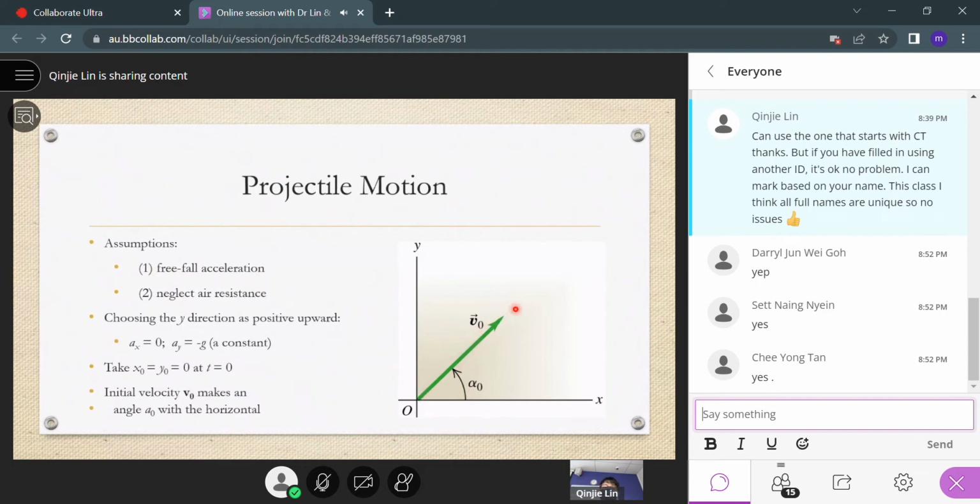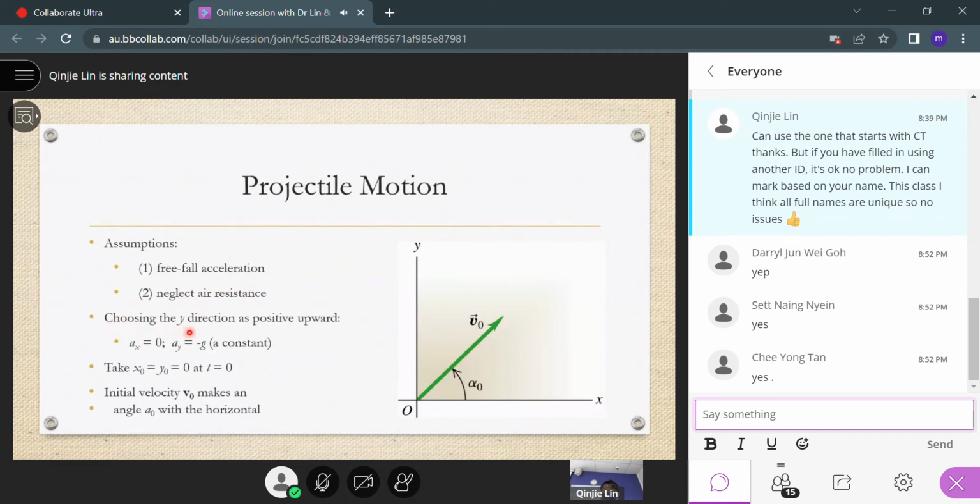At any time, you are going to experience free fall acceleration throughout. And we also neglect air resistance. In real life, you throw a ball and you experience air resistance because you are flying through air at very fast speeds. The air will try to slow it down. But for the most basic case when we are studying, we neglect that.